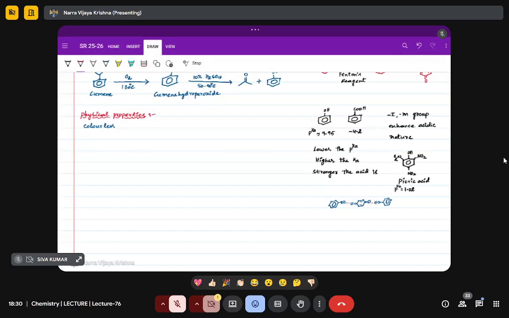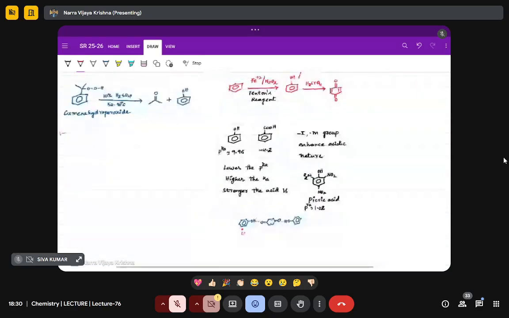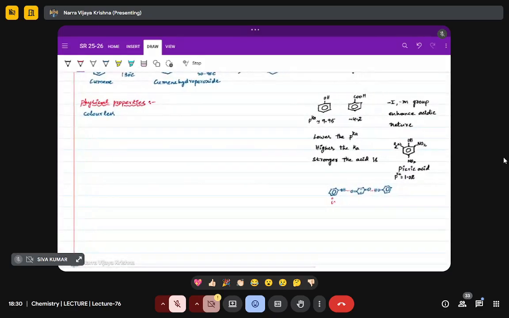Pink color is due to compound formation like this, right? So this structure will impart pink coloration to phenol.